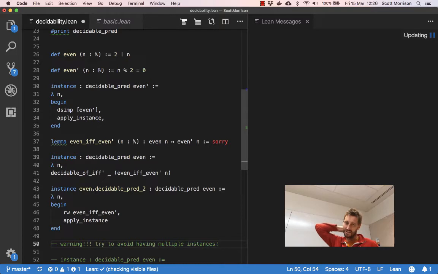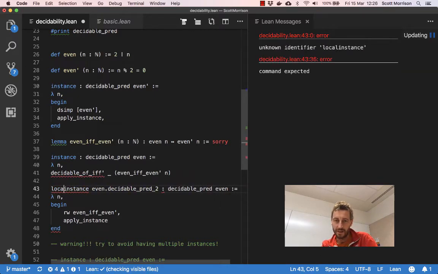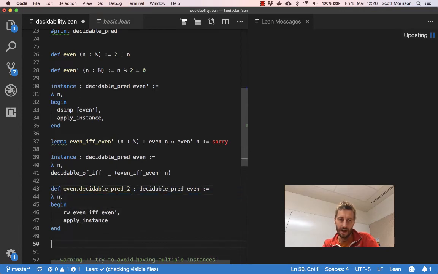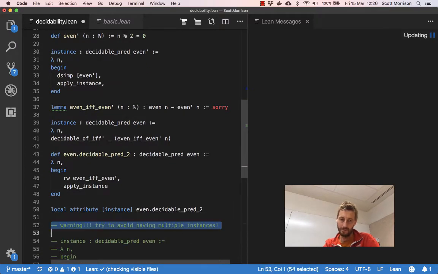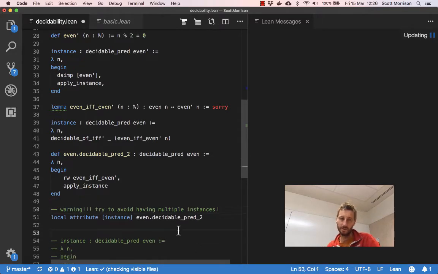So you should often avoid having multiple instances. One thing you can do is make this a definition rather than an instance. Then if I wanted to, in just this file or section, use that definition as an instance, I can locally add an attribute. That doesn't pollute everyone else who imports the file later with multiple instances.